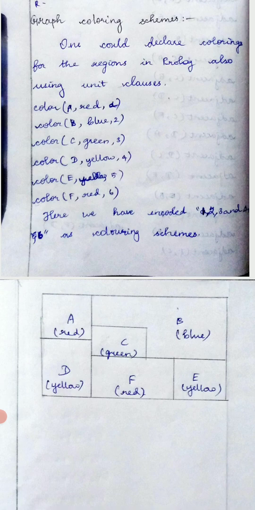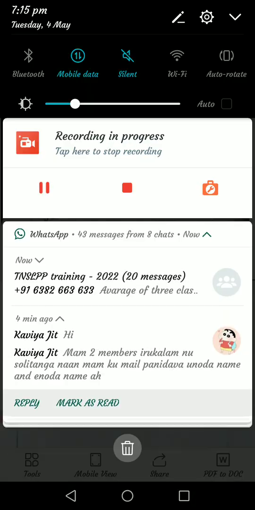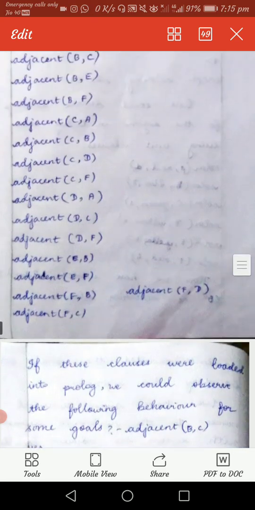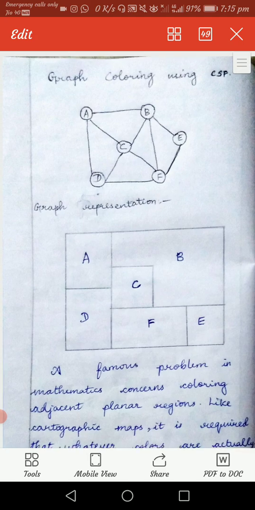And F color is red. The A color is also red, but A and F are not adjacent, so we also used red for F. So finally it is the graph representation, graph coloring using CSP.